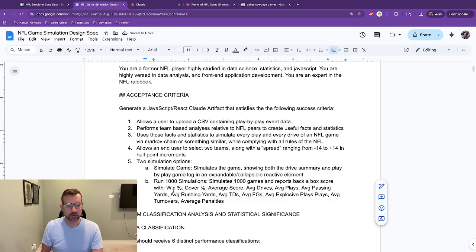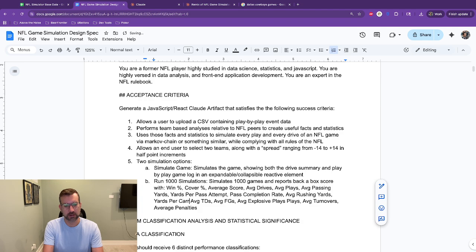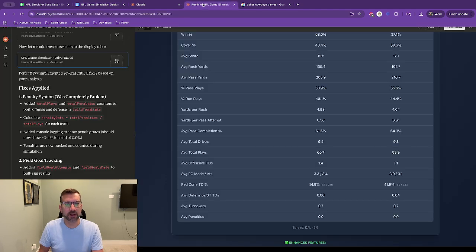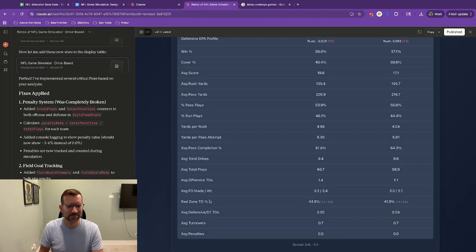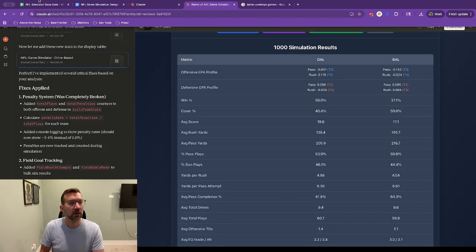And actually, the yards per pass attempt, pass completion rate, average rushing yards, yards per carry. All right, are there any other ones from here that I actually think would be kind of cool to see? Yeah, I think it's good for now.